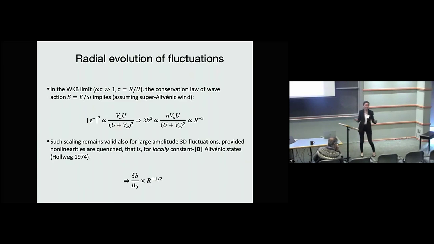It decays as the radial distance to the -2. Then the relative amplitude increases with radial distance, okay? And so this is also the key argument, okay, to explain how expansion can drive these switchbacks. So the fluctuations actually obey this, which is called the WKB approximation.